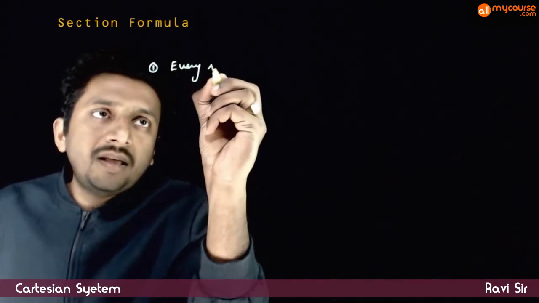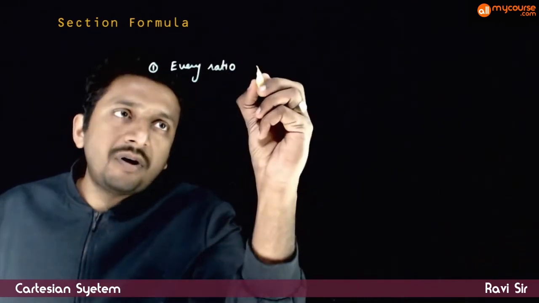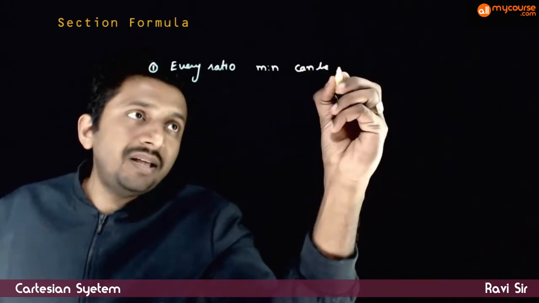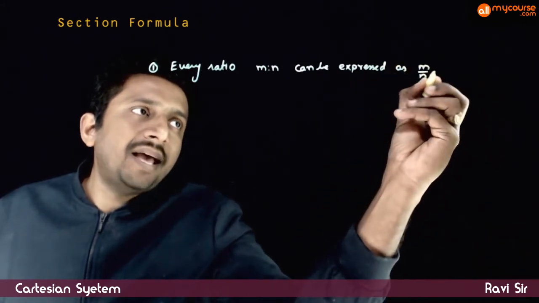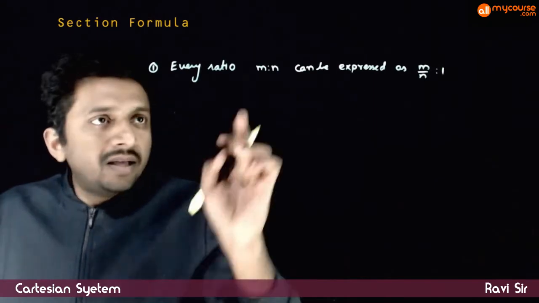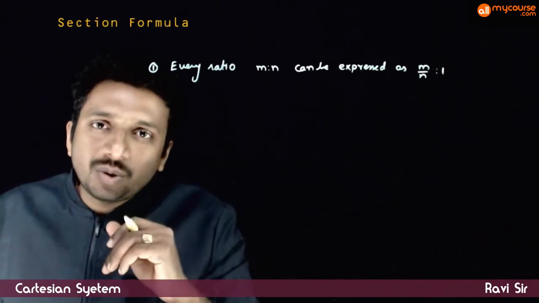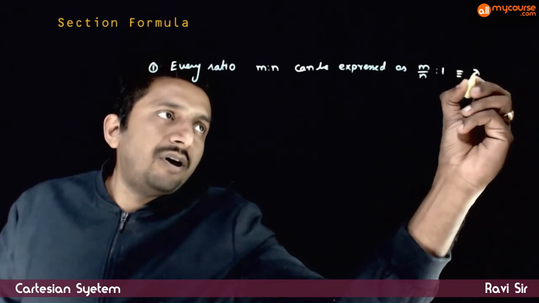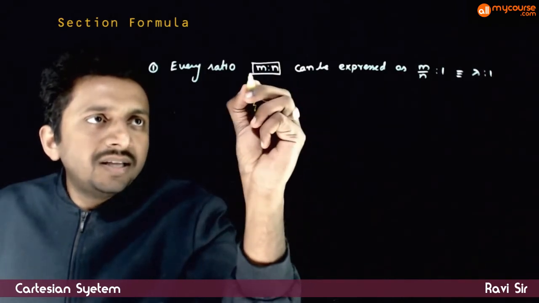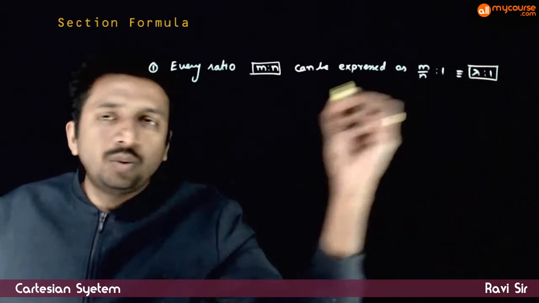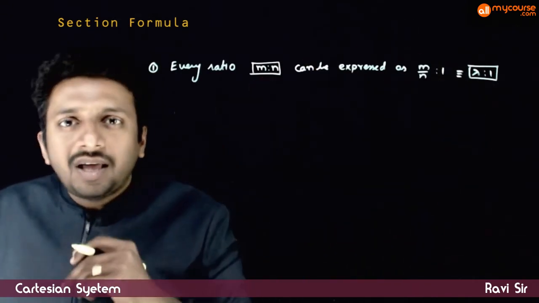So the first important point that you need to remember is that every ratio of the form m:n can be expressed as m by n is to 1. m:n is same as m by n is to 1, which is of the form lambda is to 1. So every ratio m:n can be assumed as lambda is to 1, where lambda is nothing but m by n.